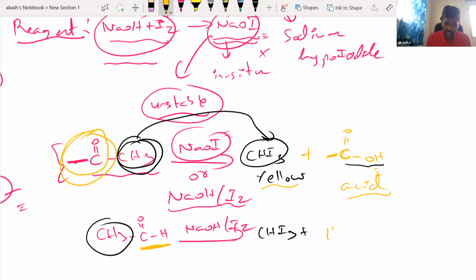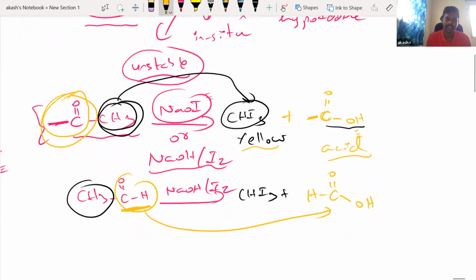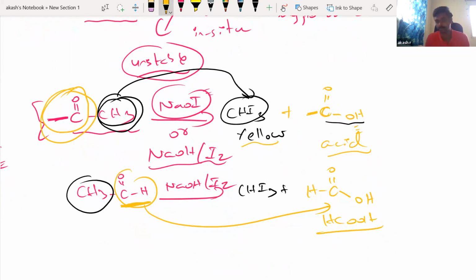Just write it as such: I have an H and a C double bond O. One extra bond should come, and that extra bond is nothing but OH. Very simple. To this, I just added an OH. So these two will be the products. I can rewrite this as HCOOH. Very, very simple.